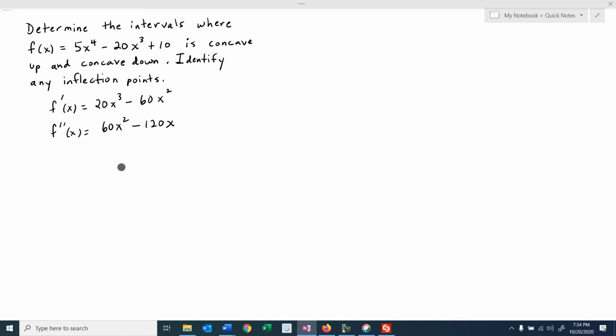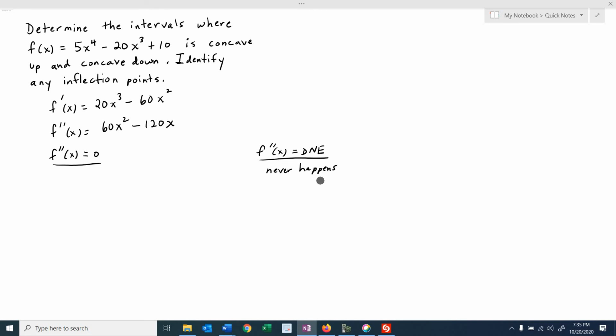Now we're going to find all the possible candidates for inflection points. The candidates are places where the second derivative is 0, but also places where the second derivative does not exist. In this case, the second derivative always exists, so this never happens.